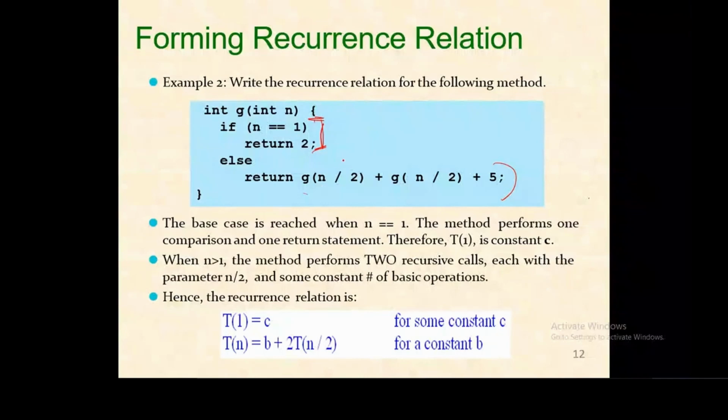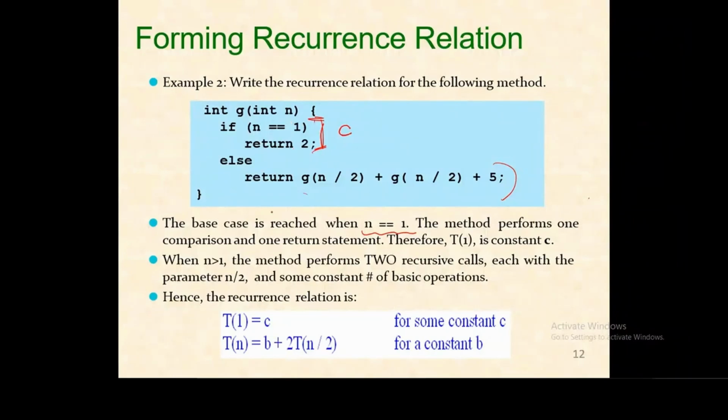So this will be the base case. The base case is reached when n equals 1 in this case, and the method performs one comparison and one return statement. So we can denote this by a constant c, one operation this, one operation this.